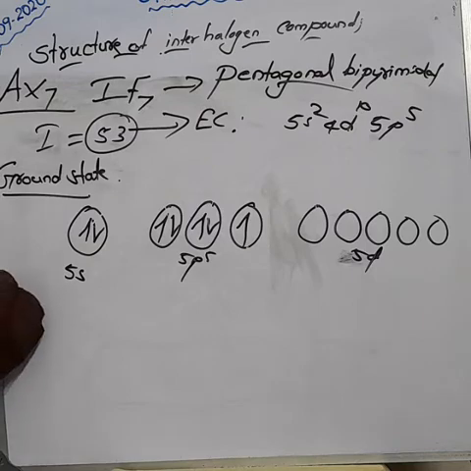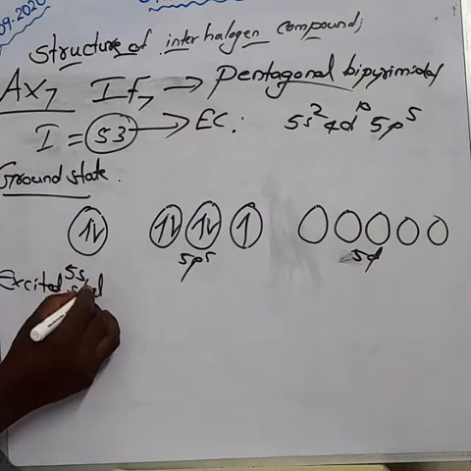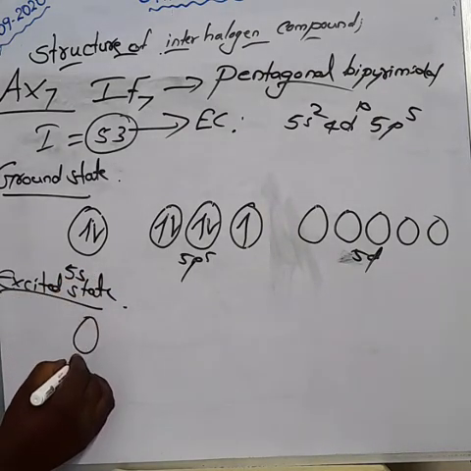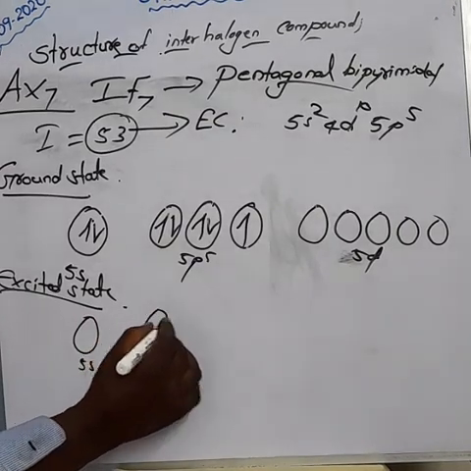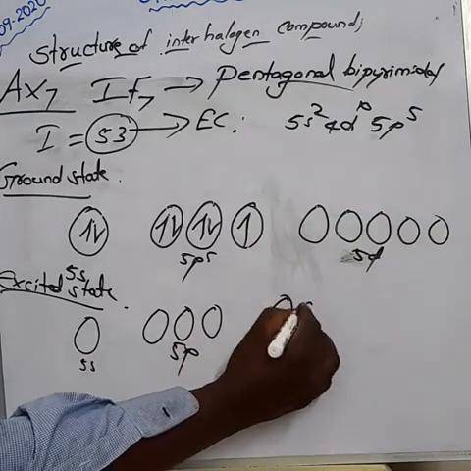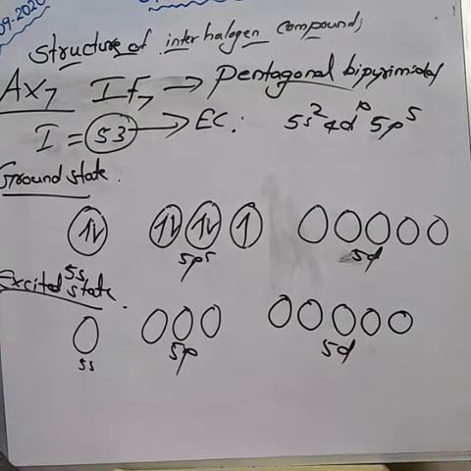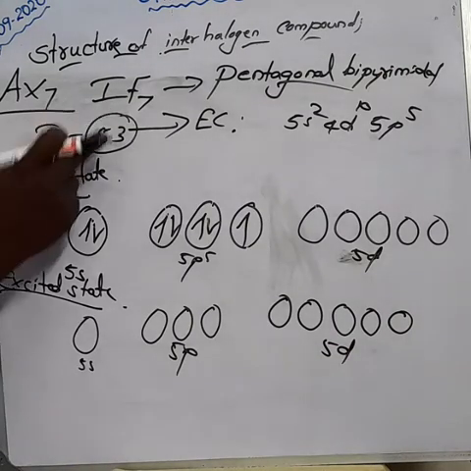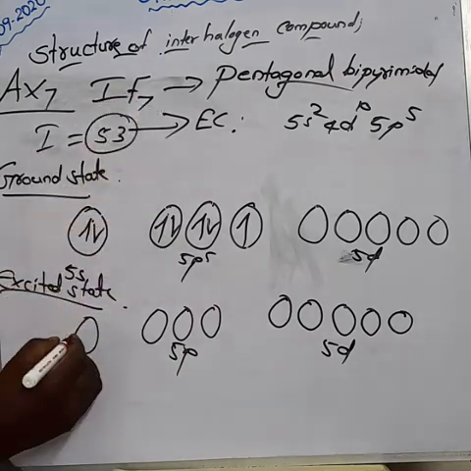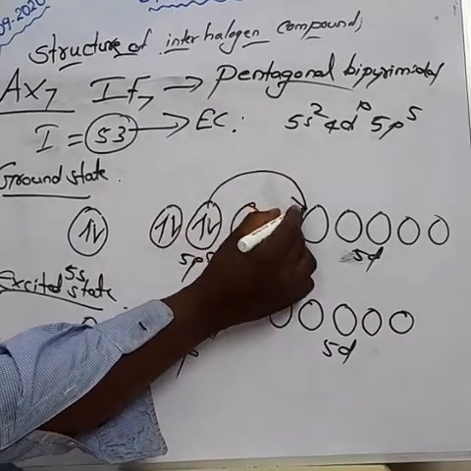Okay, next one is the excited state: 5s, 5p, 5d. Here only one vacancy is there, so you should make up 7 vacancies.